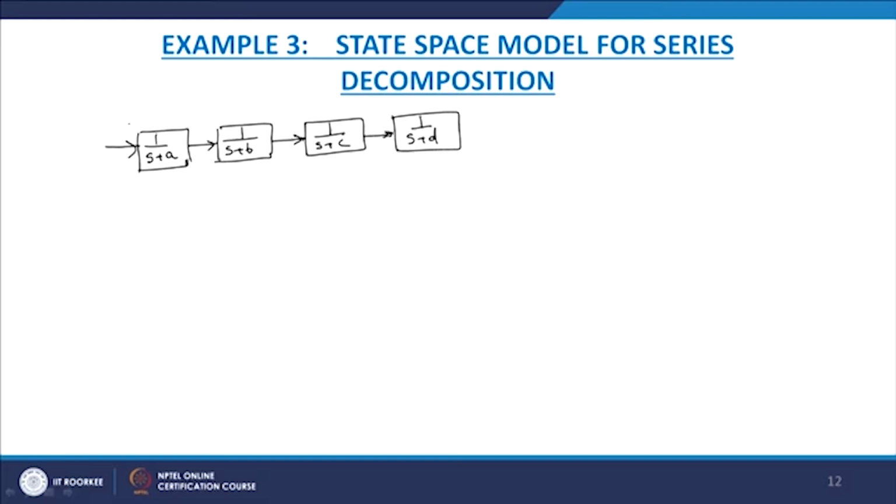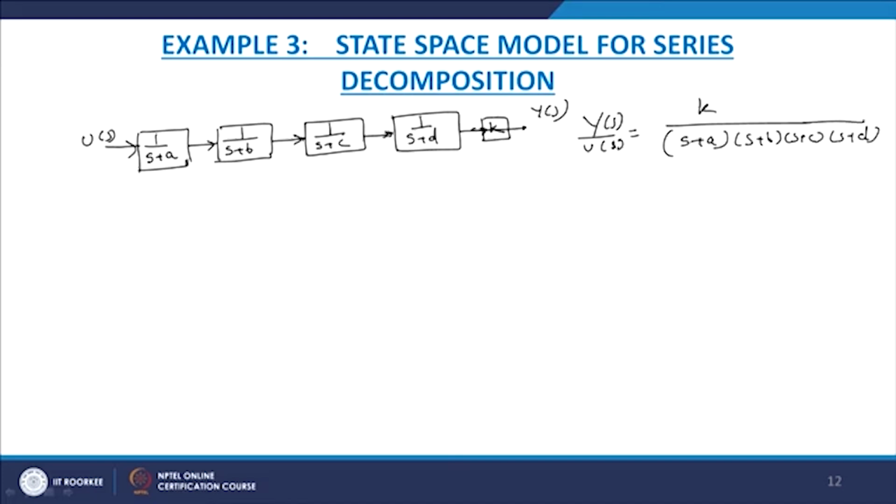Here we apply u(s), and the output is y(s), and here I am considering another block, k. My aim is that y(s)/u(s) in this case should be k upon (s plus a)(s plus b)(s plus c)(s plus d).